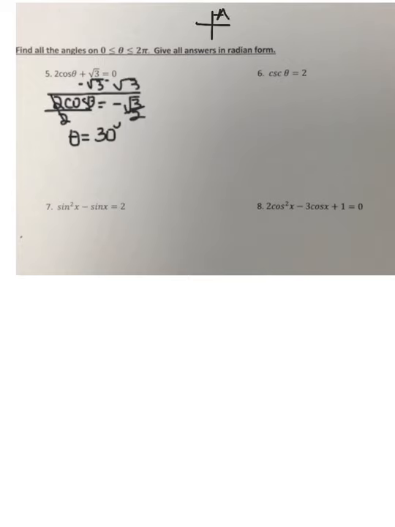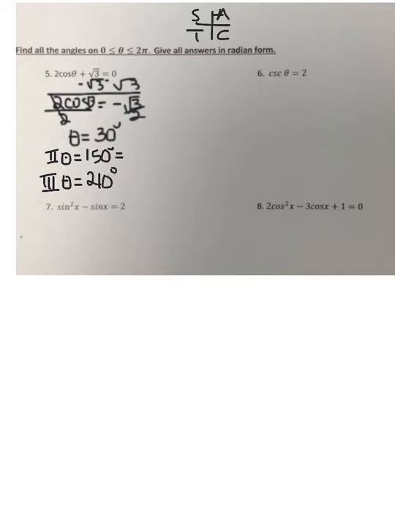Cosine is negative in that second and third quadrant. So I'm looking for a second quadrant answer and a third quadrant answer. Well, 30 degrees in the second quadrant is 150, because you do 180 minus 30. And then in the third quadrant, it would be 180 plus 30, which would be 210.